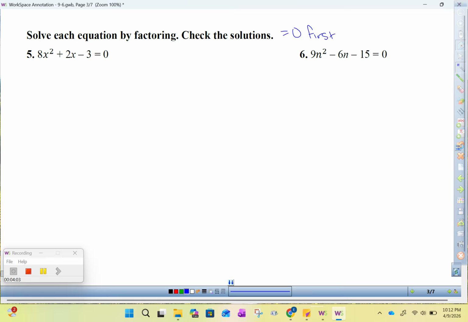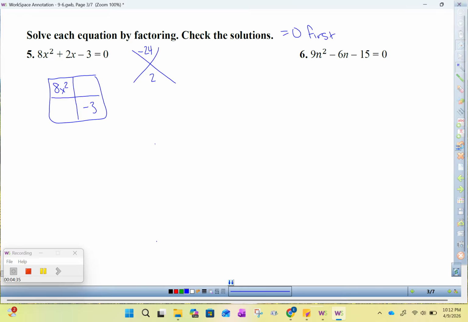Okay, so we are going to look for a GCF. 8 to negative 3, nothing there. And because this 8 is not a perfect square, we're setting up a box. We've got 8x squared here and negative 3, which means I'm looking for the factors of negative 24 that add to be 2.